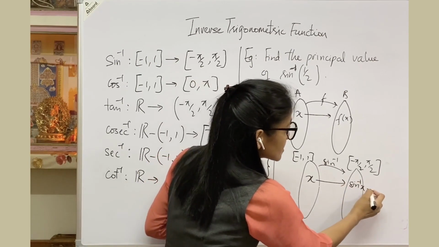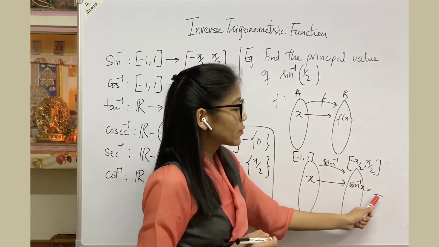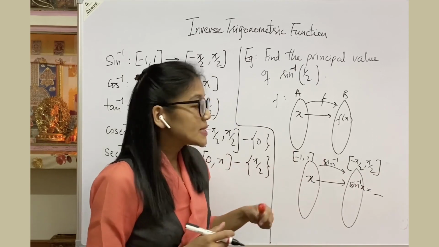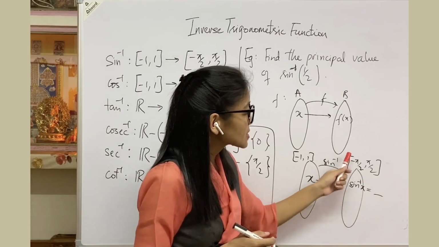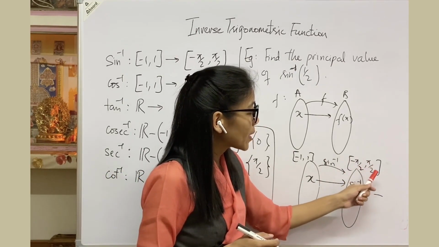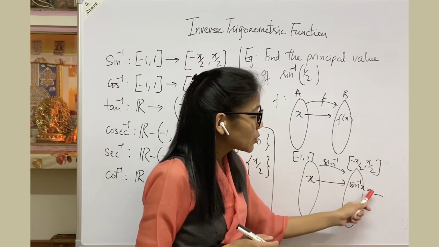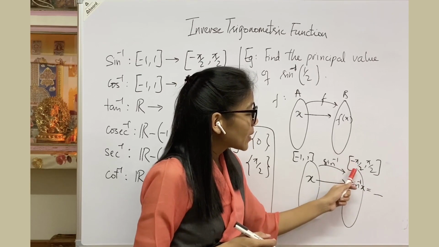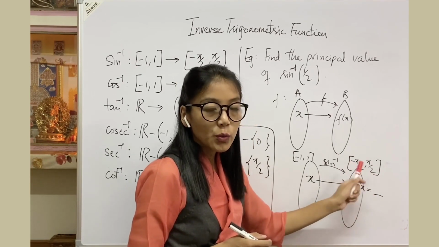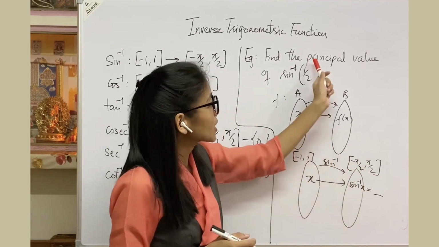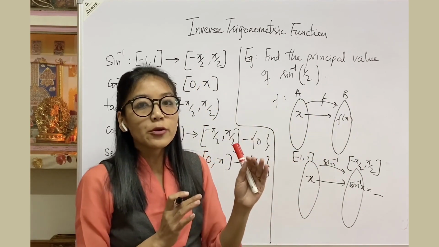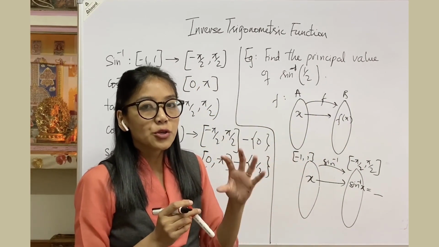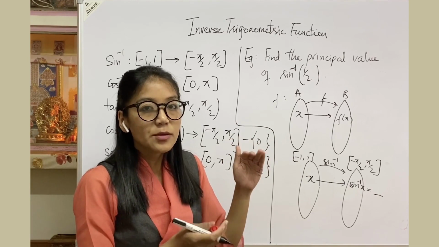So you will get a certain value for this sine inverse of x. Since my principal branch is the closed interval -pi/2 to pi/2, whatever value you get here will always be between -pi/2 and +pi/2, which is called the principal value. Principal value means that value of the inverse trigonometric function which lies in the principal branch.